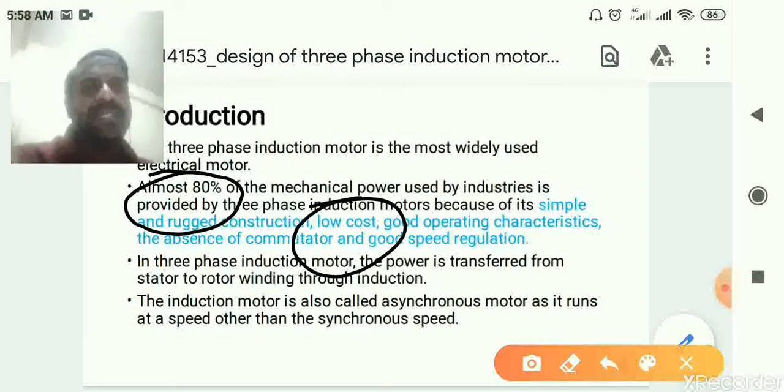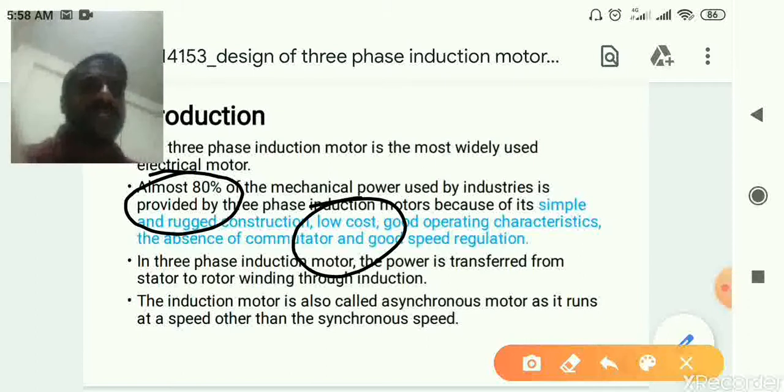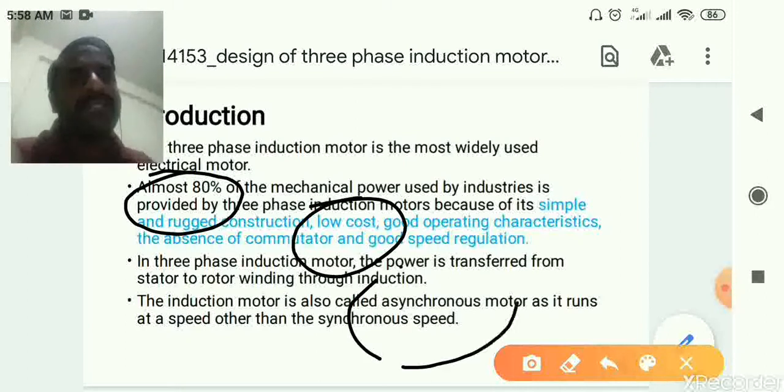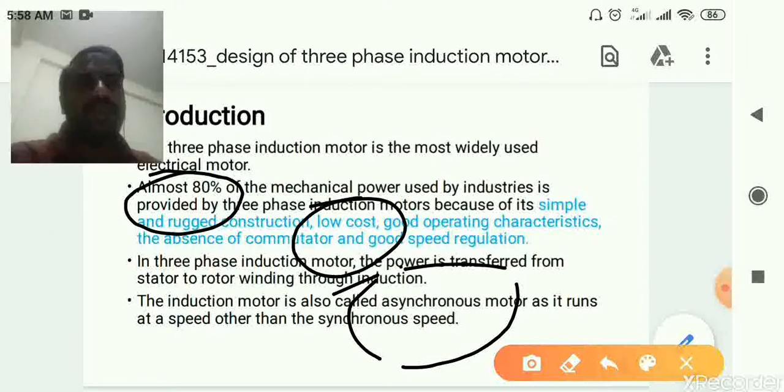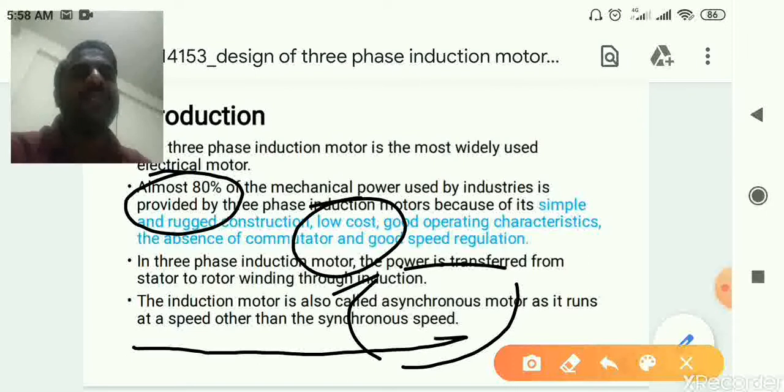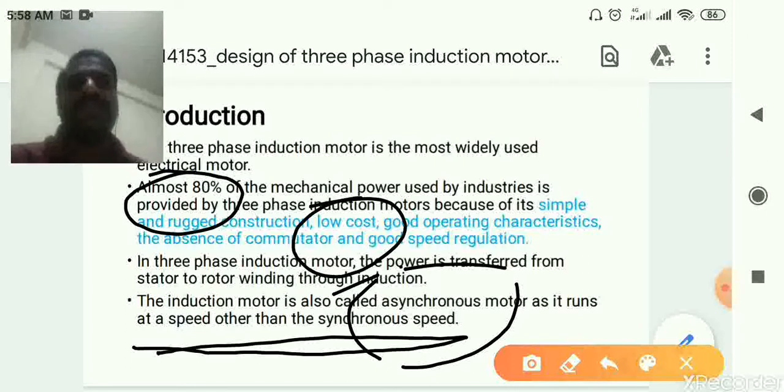It means the rotor never runs at the speed of the rotating magnetic field. So the rotor of the induction motor never rotates at the synchronous speed, and because of that the induction motor is also called an asynchronous motor. The induction motor always rotates below the synchronous speed.